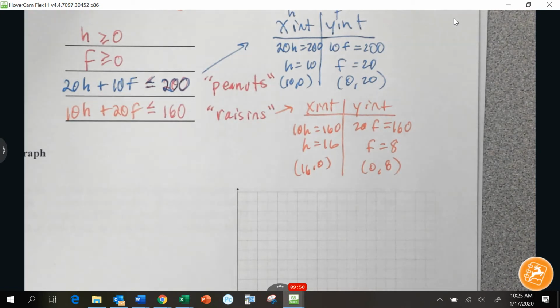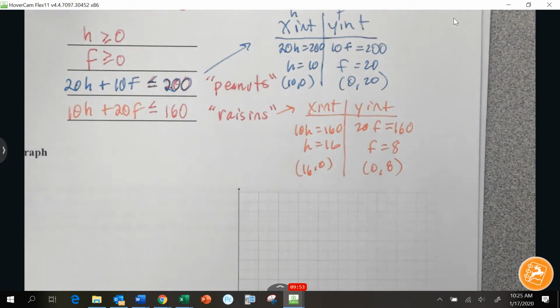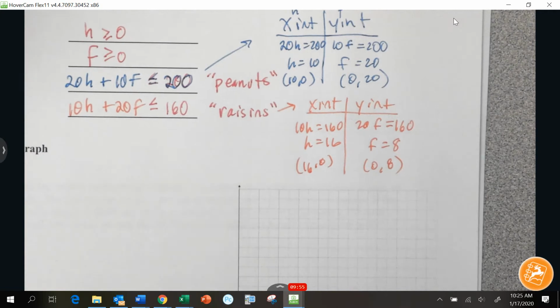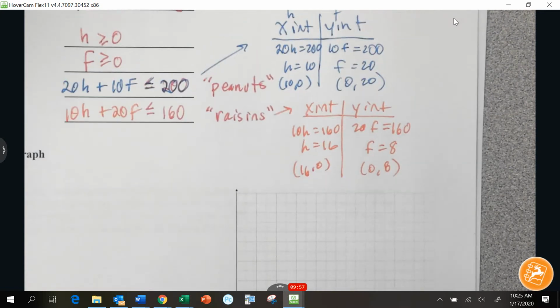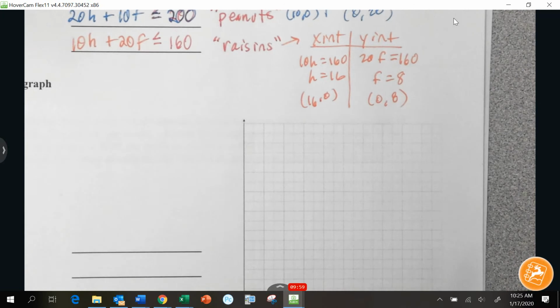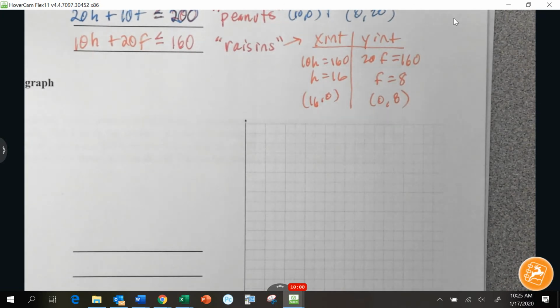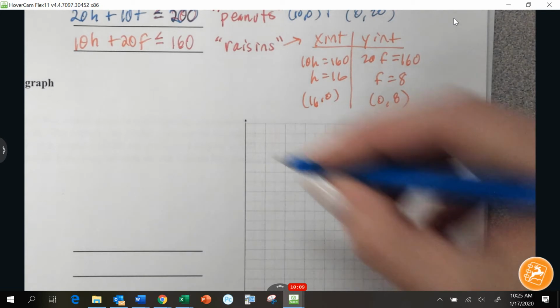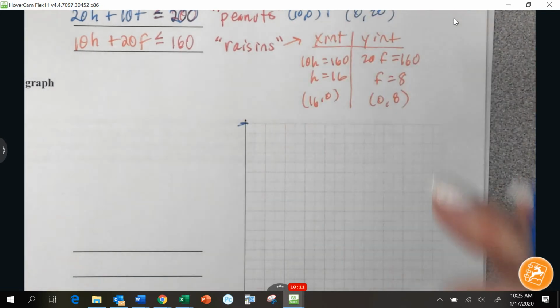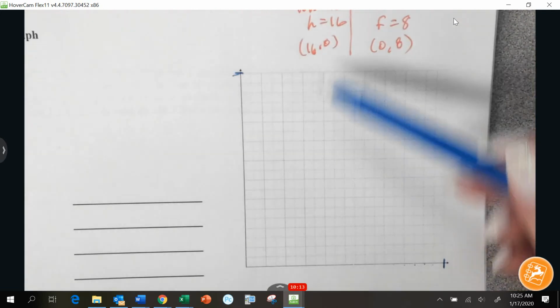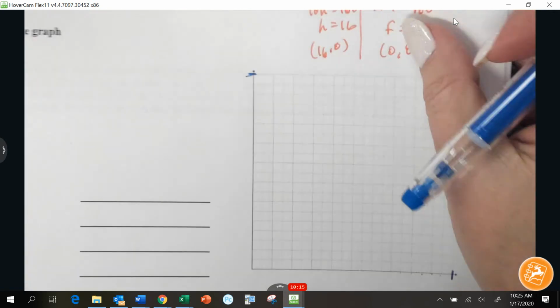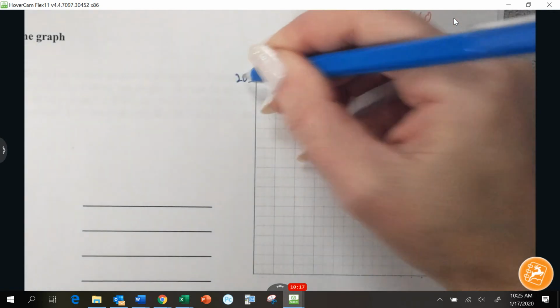I haven't counted to know if they fit yet. Looks like the biggest number I need is 20, and that is on the y-axis. So this quadrant that I've given you goes to 20. That means 20 will be right here.